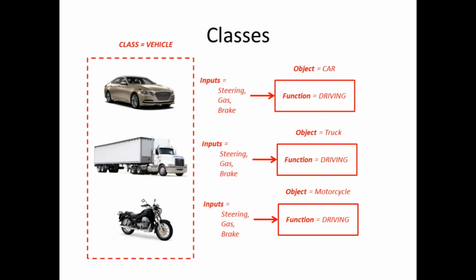And the same thing goes, for example, for a motorcycle. It does a function of driving. It's a different object, but it does the same function of driving, and it has these exact same inputs, steering, gas, and brake. The form is different. It's got handlebars instead of a steering wheel. It's only got 2 wheels. It's got a different size, different color.